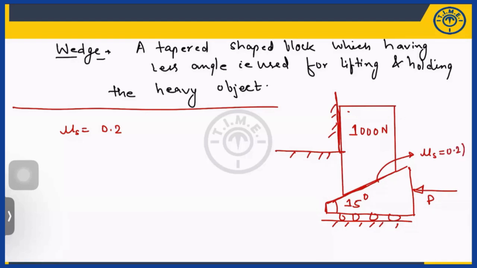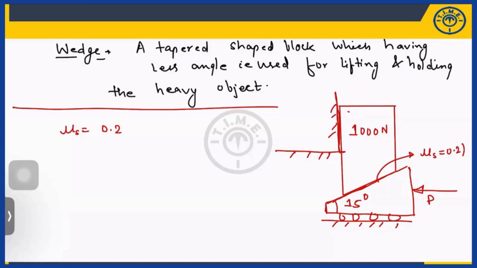Now you have to calculate the magnitude of force you will apply here so that this block will rise in the upward direction. So if you want to lift this particular block, how much force you have to apply, that you have to calculate. Okay. Then how will you do it?